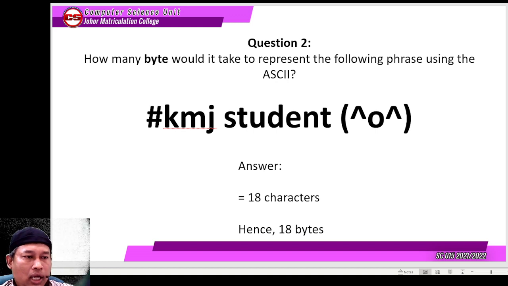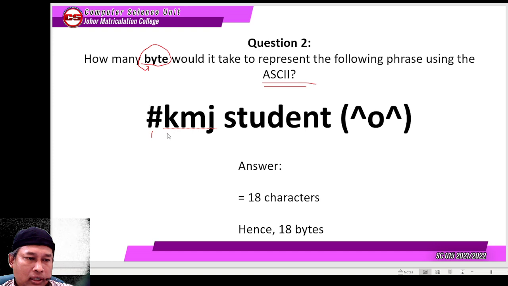Now, how many bytes will it take to represent this in ASCII? Okay, you must remember ASCII uses 8 bits, that means 1 byte. The question asks how many bytes, so you must remember bytes. You must count only the characters and add the spaces.